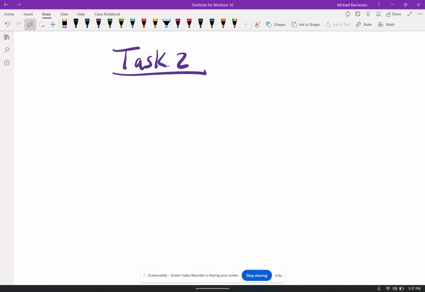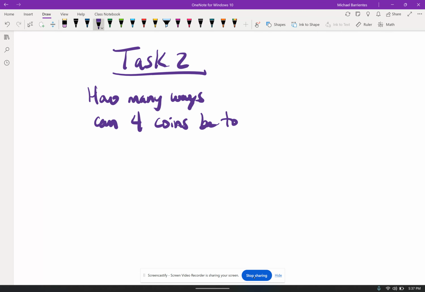People that did task 2 were counting how many ways can 4 coins be tossed. If you toss 4 coins, the first toss could yield a heads, the second toss maybe a tails, the third toss a tails, and maybe the last toss a heads.